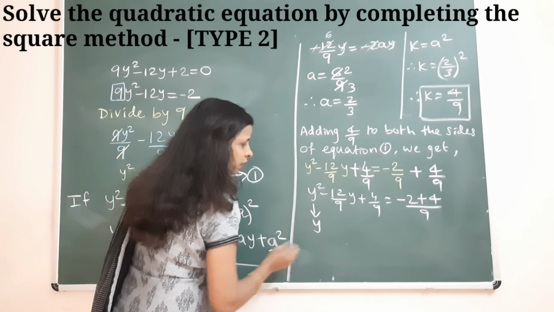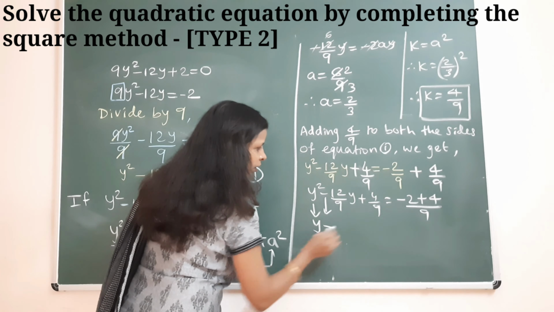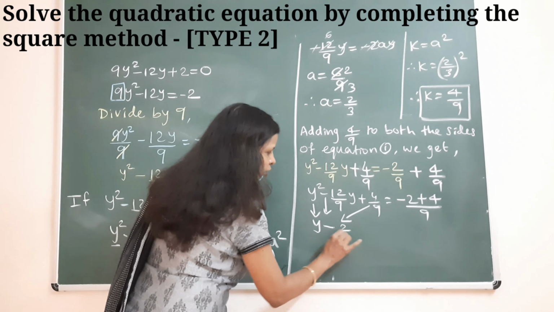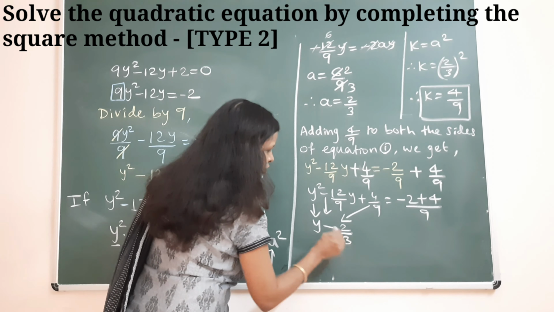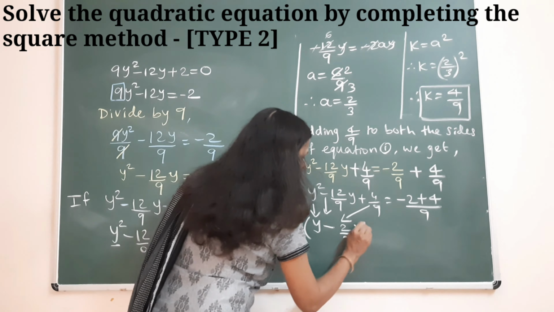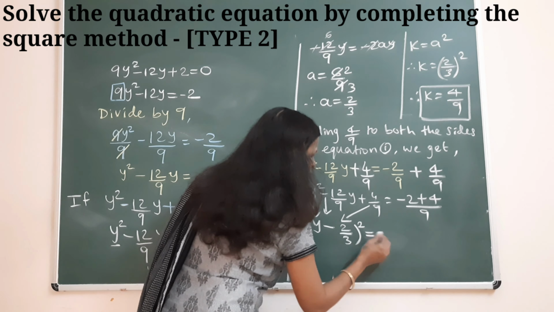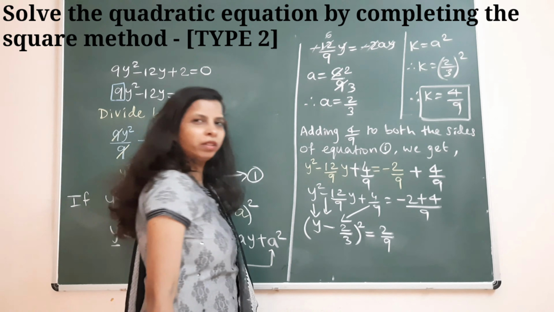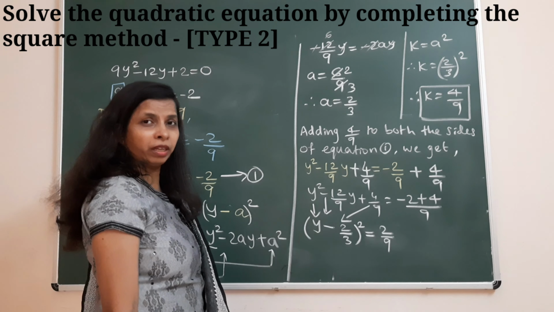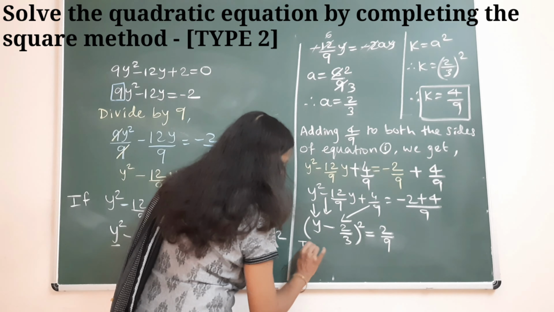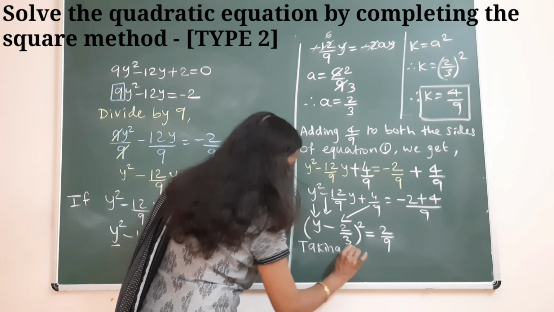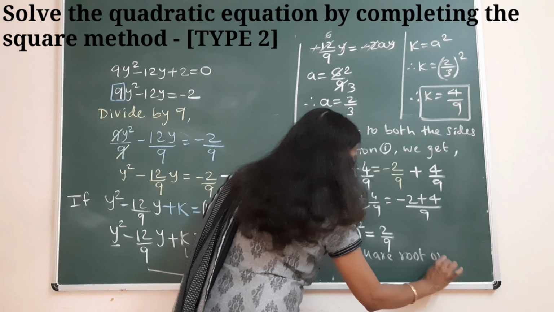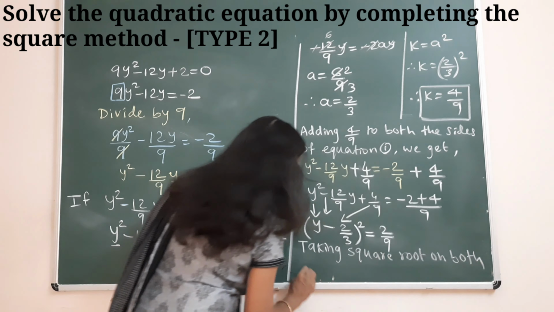Now let me make it a perfect square. Y will be as it is. Take this minus sign. Square root of 4 is 2, square root of 9 is 3. So y minus 2 by 3 the whole square equal to 2 by 9, since 4 minus 2 is 2 upon 9. Now we need to take square root on both the sides.